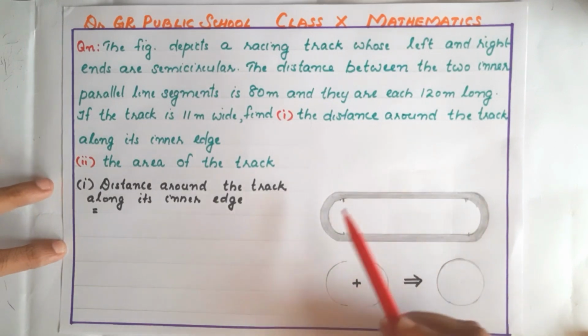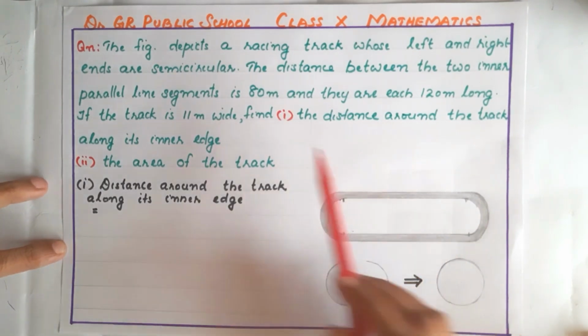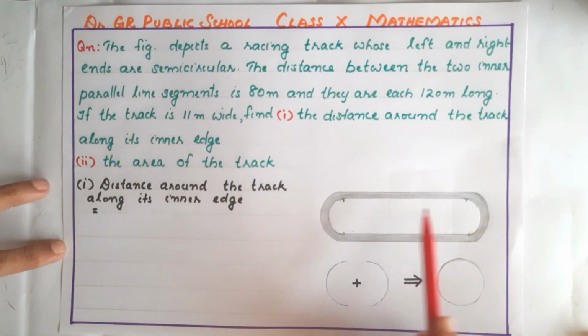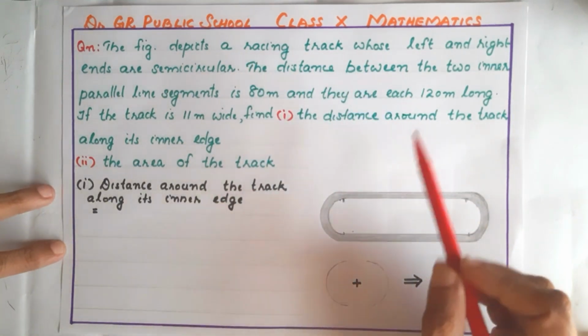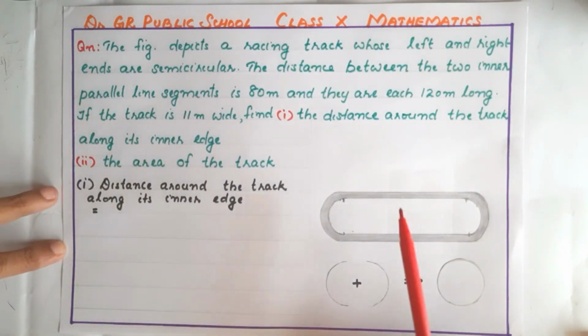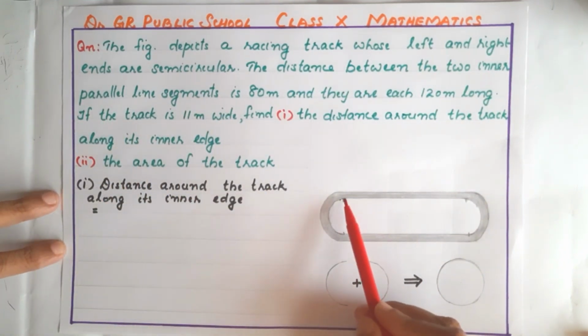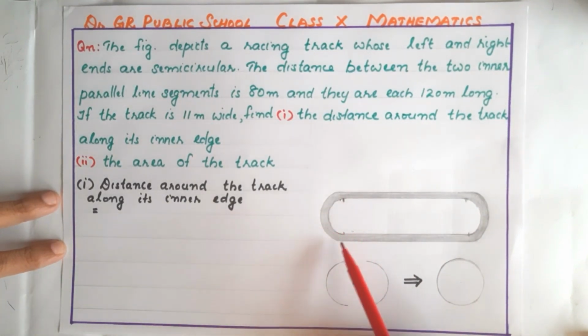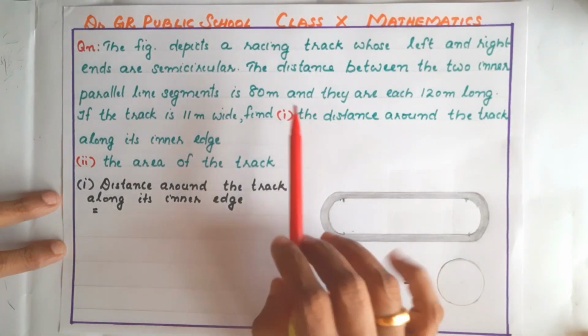So the figure is given with the question and you have to understand the figure properly. This is a racing track whose left and right ends are semicircular. See, this is a racing track and both sides are semicircular in shape. And what all is given?